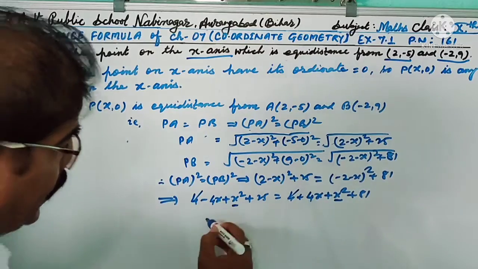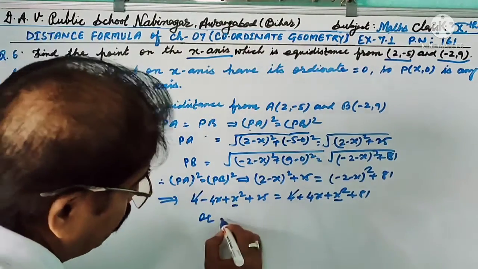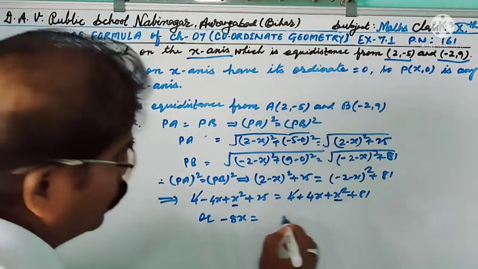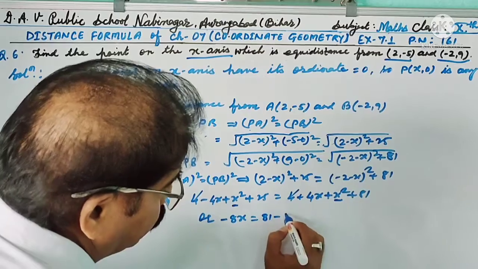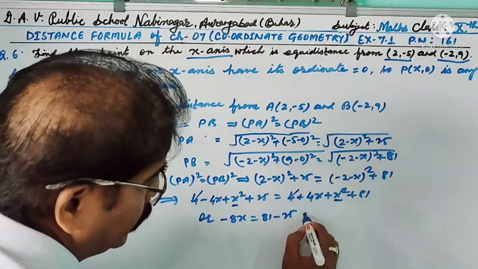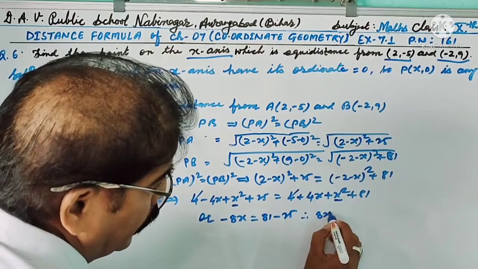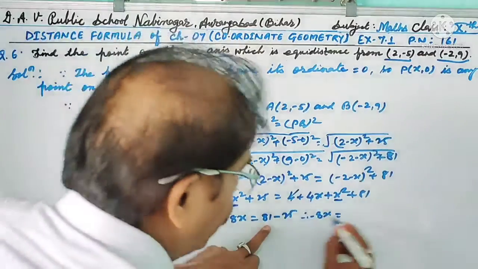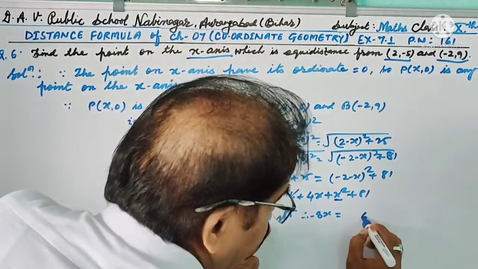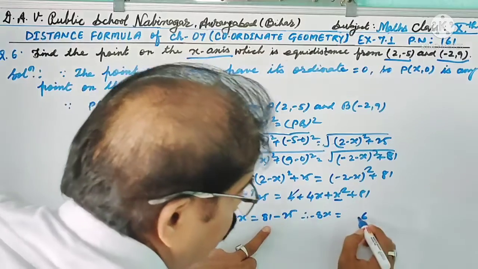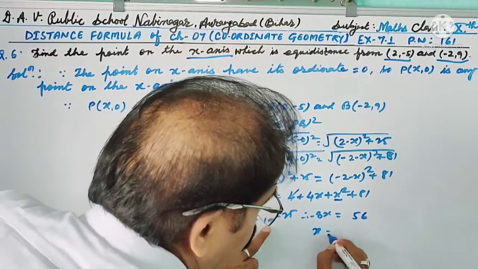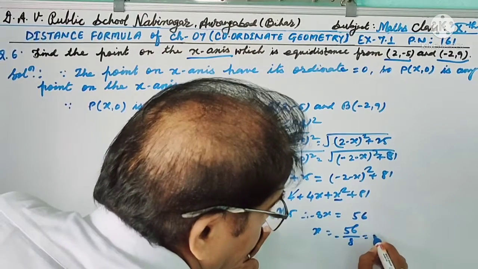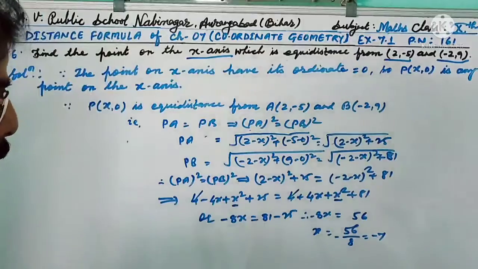Here 4x changes side, so minus 4x minus 4x, minus 8x equal to 81 minus 25, therefore minus 8x equal to 56. So x equal to 56 by minus 8, that is minus 7.